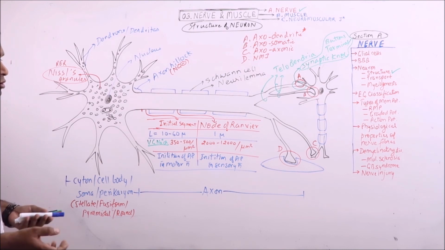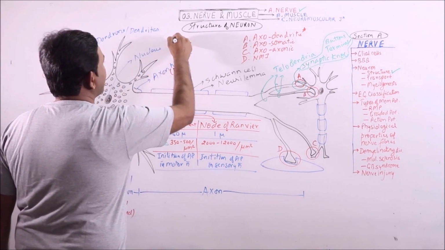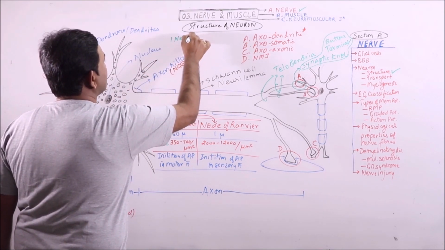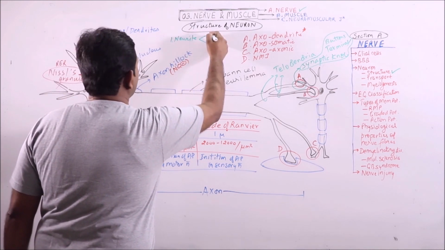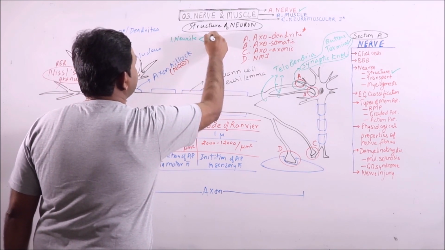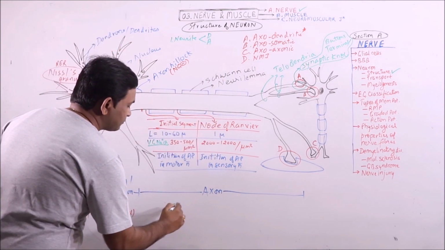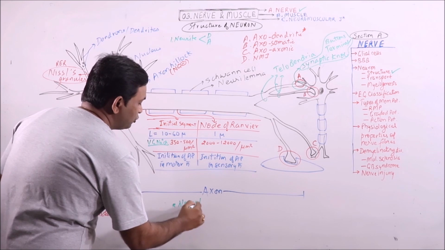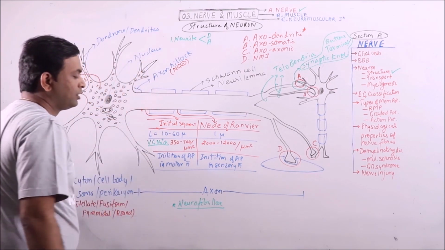It's important to discuss two more terms. One is neurite. Neurite means the processes of cyton, that is dendrite and axon. Another term is neurofibrillar network or neurofibrillae.